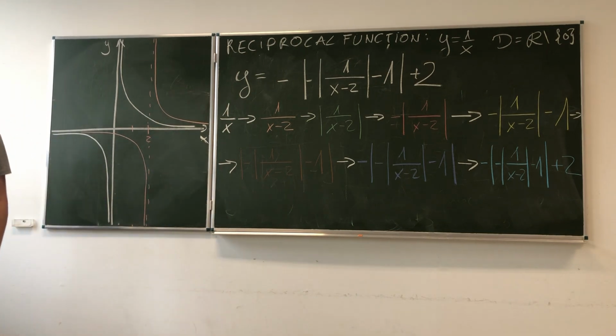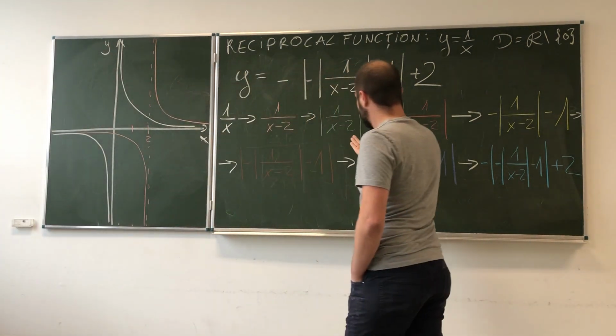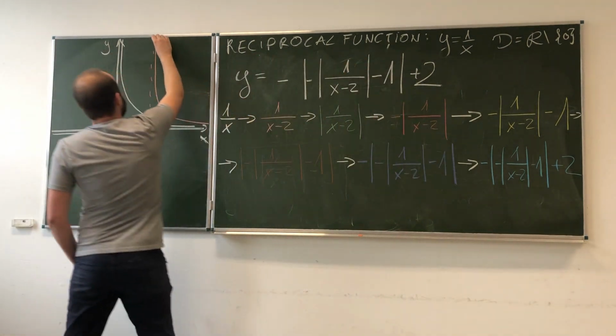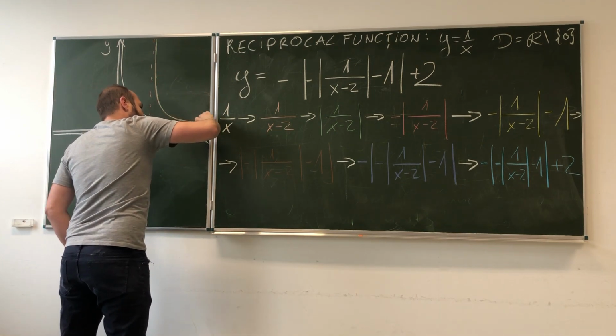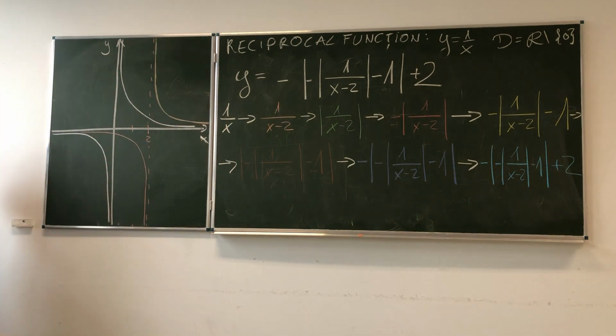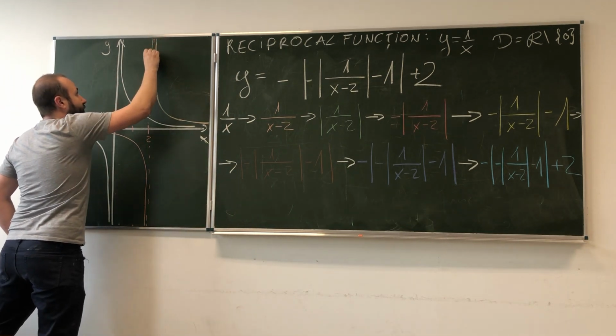location. Then we need to take absolute value of this expression, which means that this part remains the same because it's positive, but this part is negative, so we obtain mirror reflection.